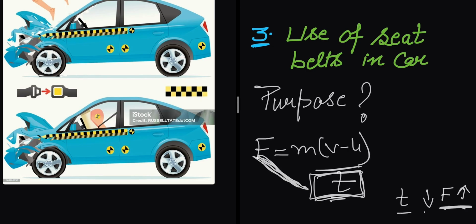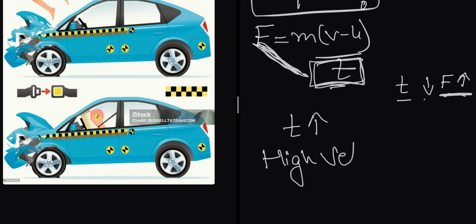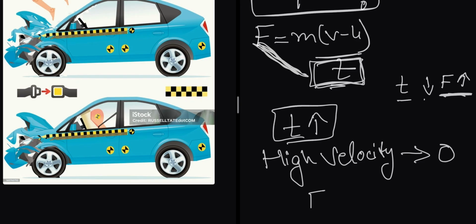Now what is the purpose of these seat belts? They will increase the time during which the high velocity of the passengers reduces to zero, and by increasing this factor time, the force will decrease.